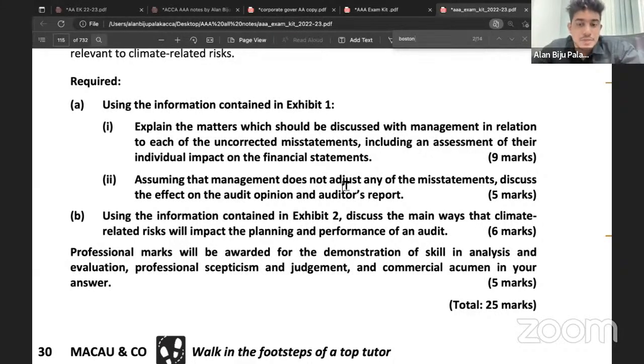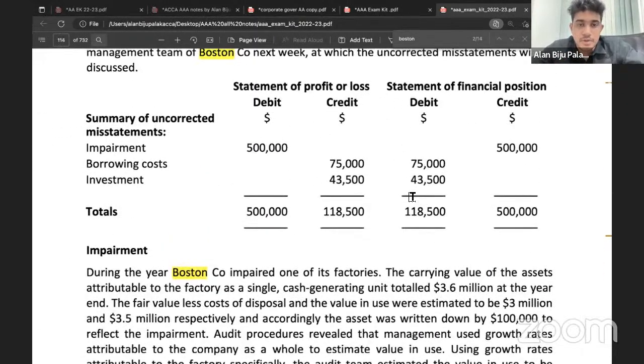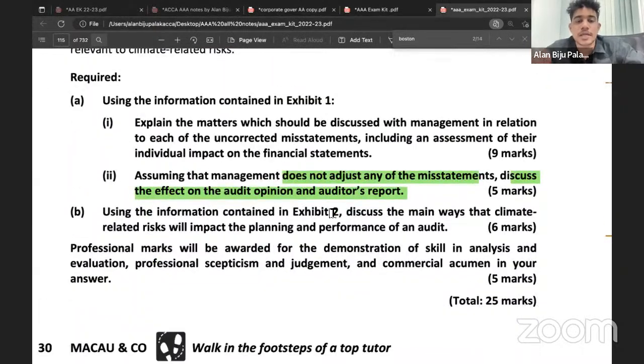Assuming that the management does not adjust any of the misstatements, discuss the effect on audit opinion and audit report. So they are asking you to consider that the management is not adjusting any misstatement mentioned in the scenario. These are the total list of misstatements, and they are asking what the impact will be over the audit opinion and report.